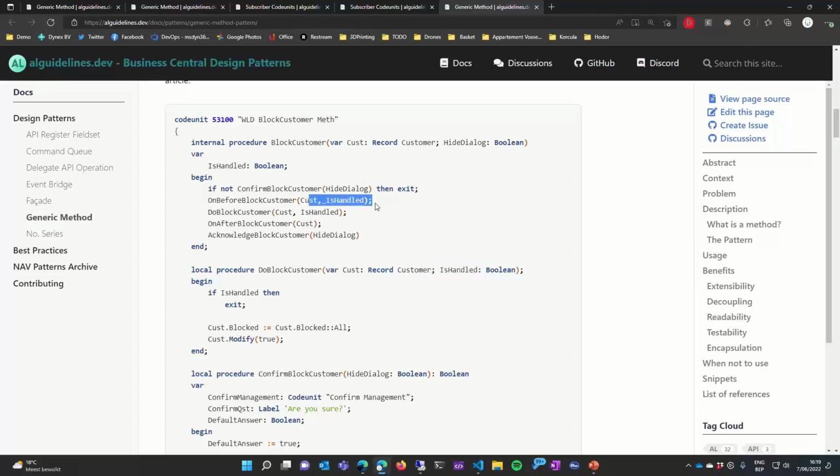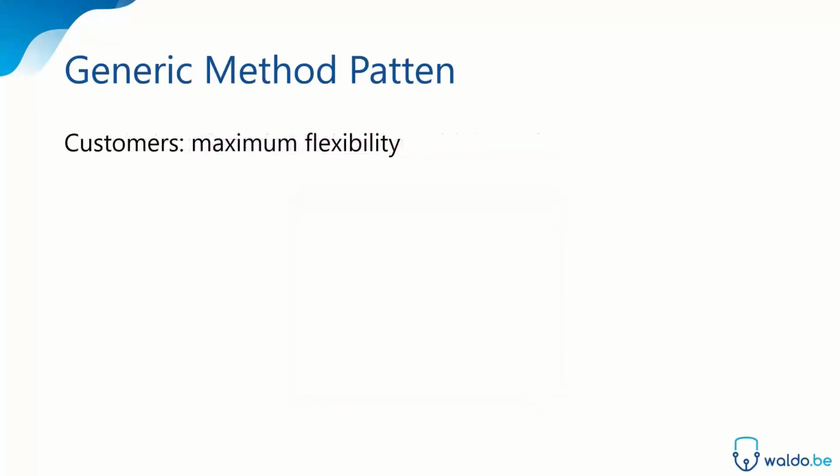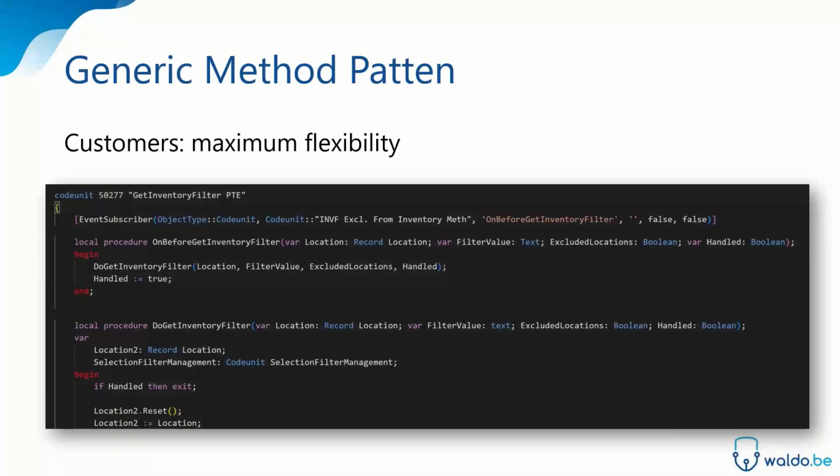If we would handle the on before, we basically implement a new implementation of this method. And that makes it very strong to be able to use that in your customer customizations. So that's the maximum flexibility.